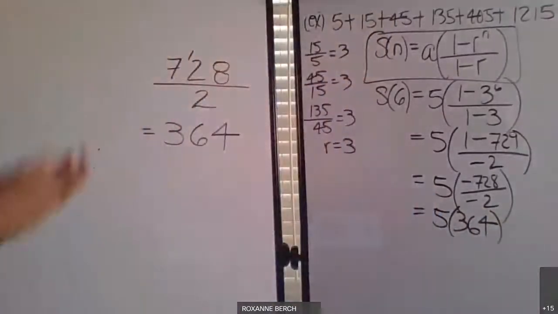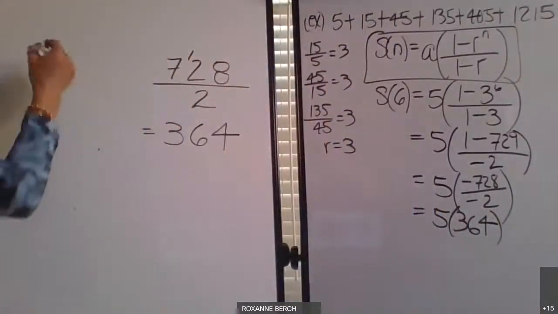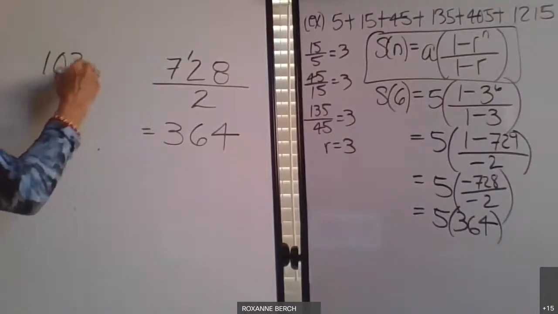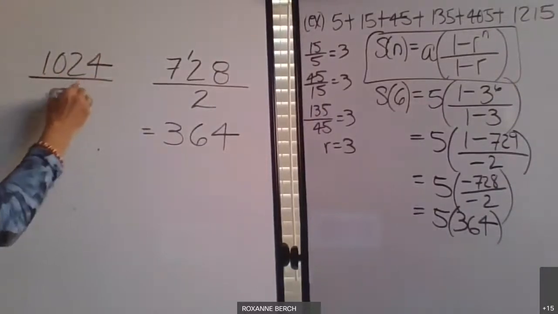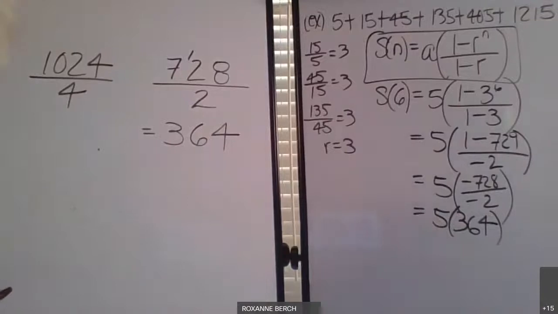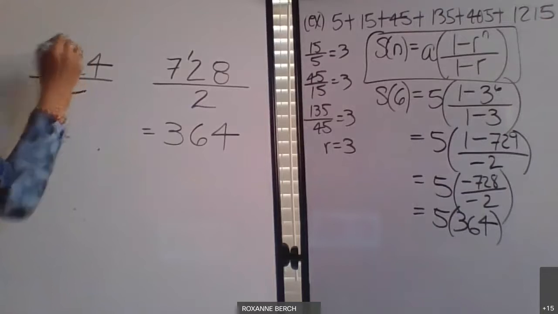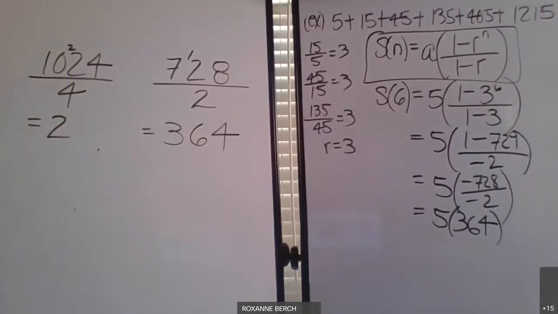Let's do another one. Look over here. Let's do 1024 divided by 4. I don't know if it's going to go in evenly. Let's just see. 4 times what is 10 without going over? 2. With 2 remaining, right? Yes. 4 times what is 22 without going over? 5.